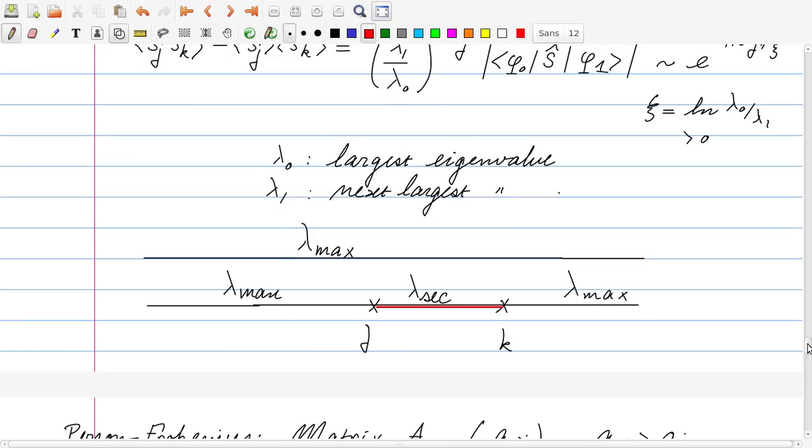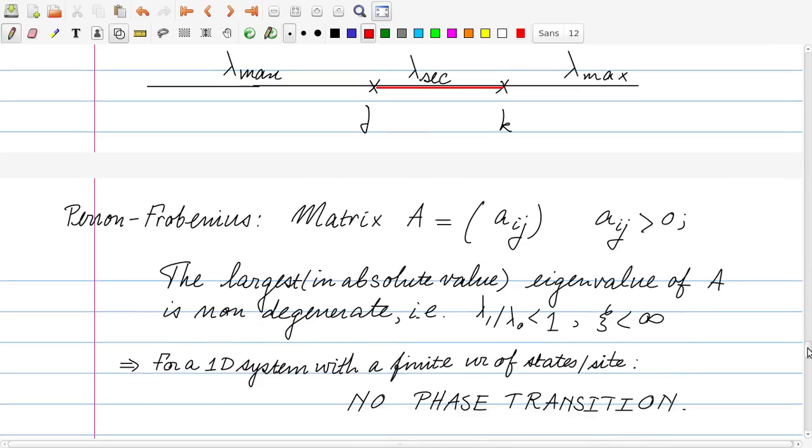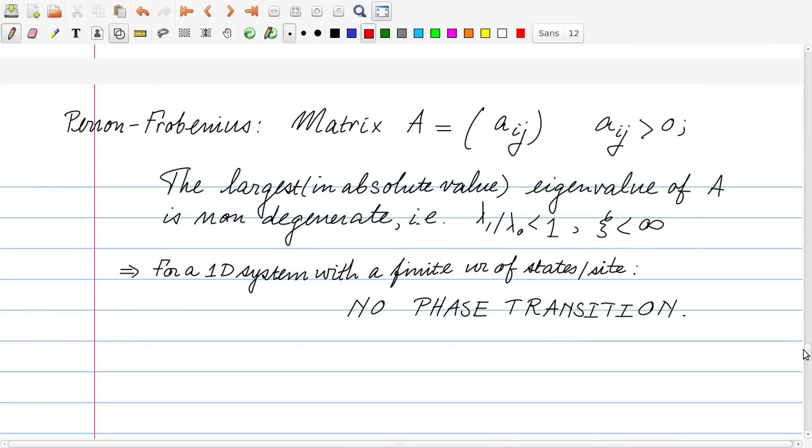So, can the eigenvalue be degenerate or not? Well, there is a very important theorem in linear algebra, which is called the Perron-Frobenius theorem, and it is a theorem which applies to positive matrices. So we have a matrix A which has matrix elements Aij, and all these matrix elements are positive. Is that the case in our example?